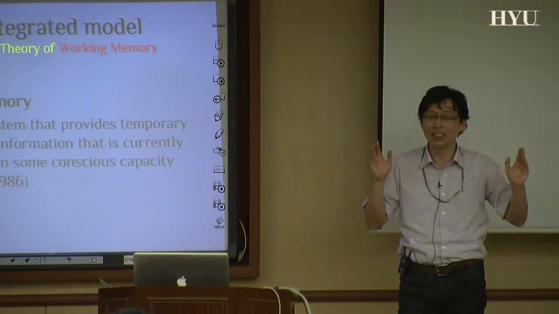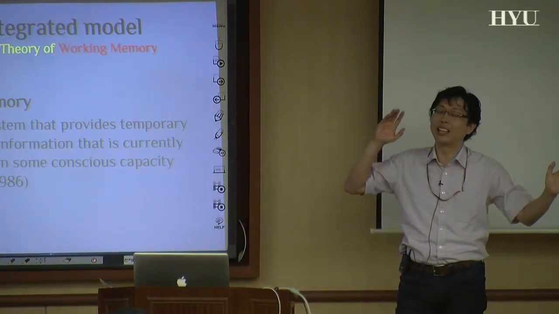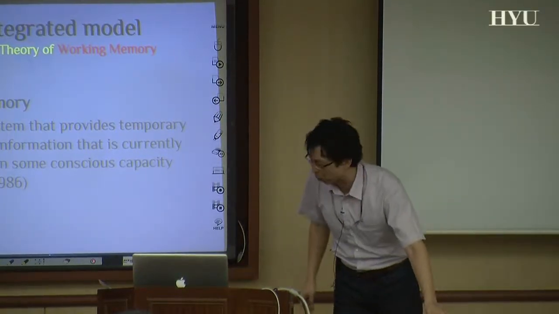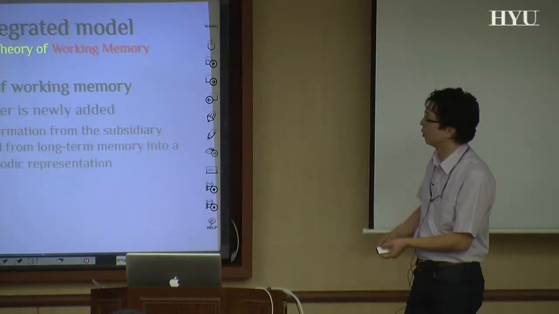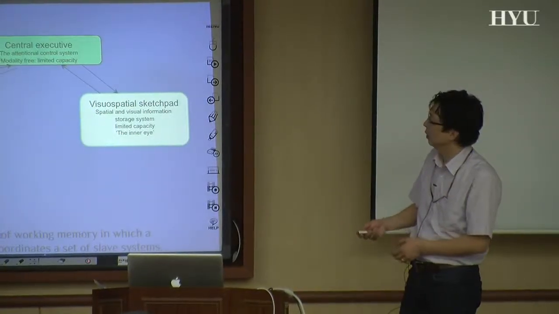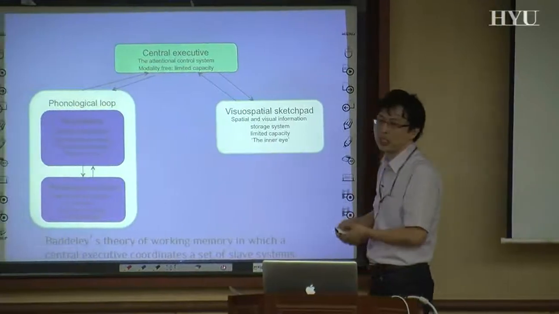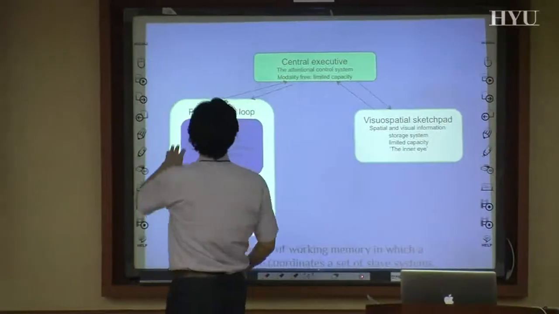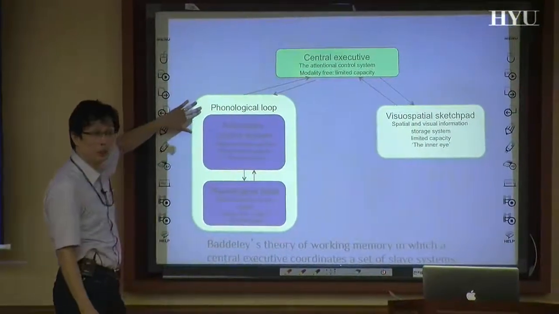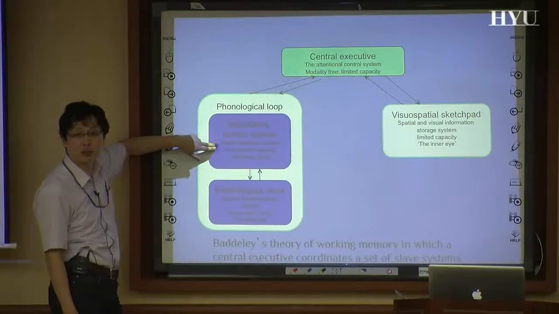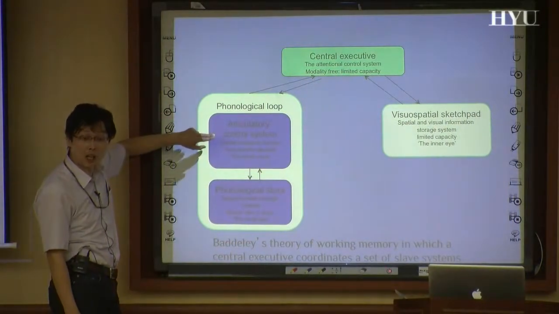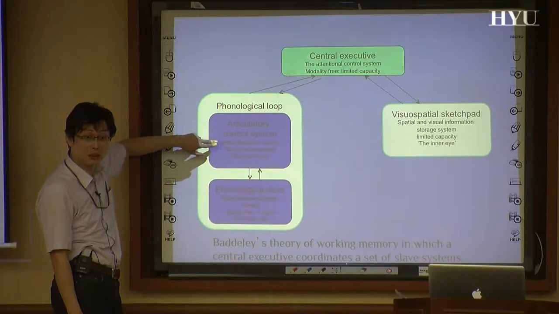So he combined Atkinson's model and the LOP model in this way. I can explain later on. This one is what he proposed in the 1990s. Say we have the phonological loop to process verbal information or language information that comes from the LOP model, isn't it?